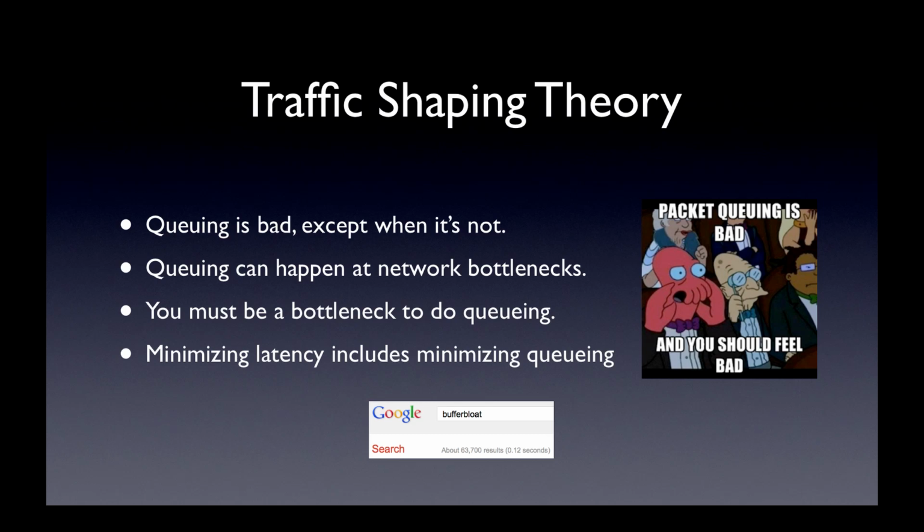So buffering or queuing typically happens at network bottlenecks. Now, traffic shaping does require that we do some queuing to accomplish our goals, but we do want to minimize the amount of queuing, and only do as much as we need to actually get the job done.